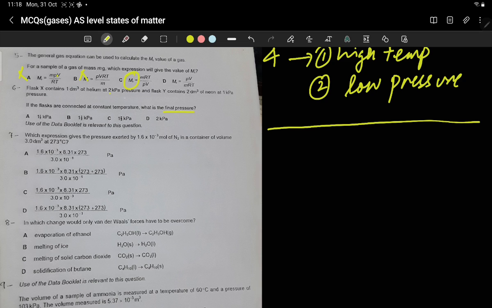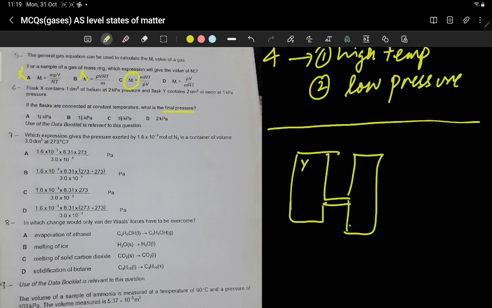So in this question, flask X is connected with flask Y. This is X, this is Y. Flask X contains 1 dm cube, so let's say its volume V1 is 1 dm cube, and it contains helium at 2 kilopascal pressure.